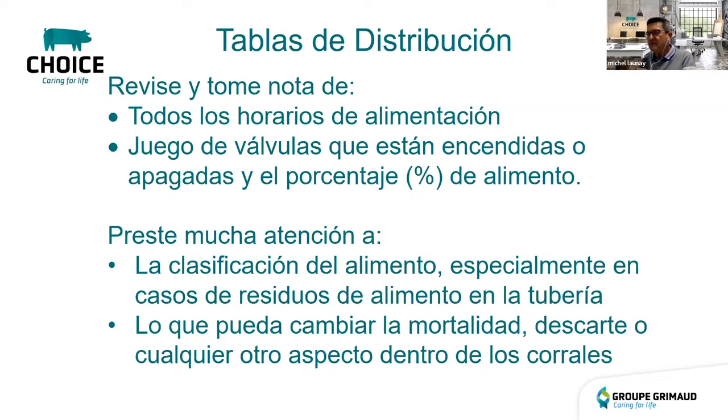If, for example, all the pigs go out to the slaughterhouse, you have to indicate on the software that the pen is empty, and switch off the valve of this pen, of this trough. Another point which is quite important on this table is the use of the percentage level.